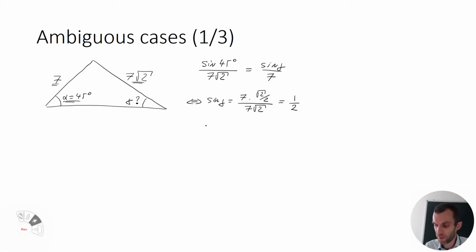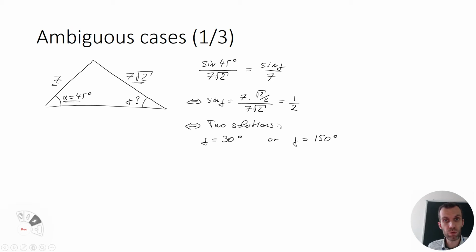Now what we get is there are actually two solutions. Namely, gamma can be either 30 degrees or gamma is equal to 150 degrees. We get two solutions, but now let's double check if both are valid, or if one is invalid, or if both are not valid.